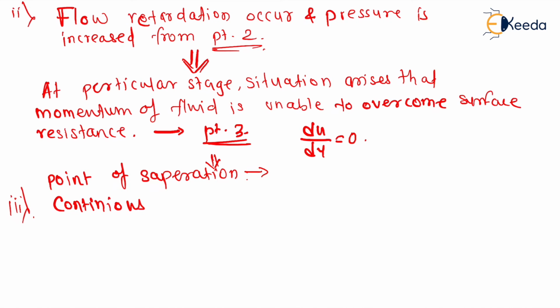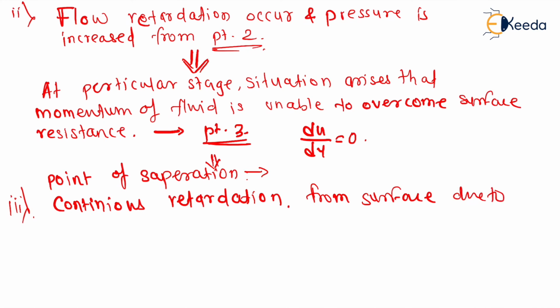Third stage is continuous retardation from the surface. Due to retardation, opposite flow occurs.